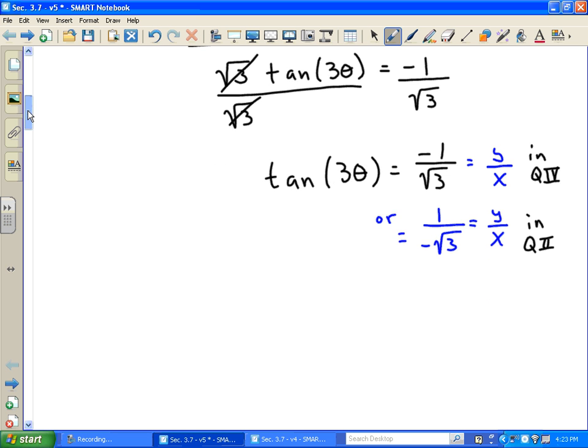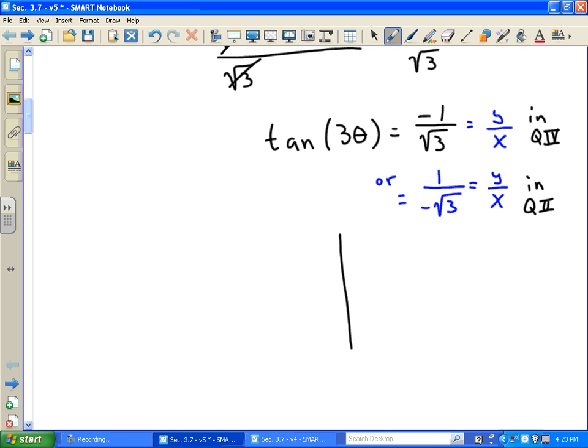So we want to draw pictures in these two quadrants. We've got one picture in quadrant 4, and we've got one picture in quadrant 2. Let's label our sides. In quadrant 4, we have a negative y value, which is negative 1, and a positive x value, which is the square root of 3.